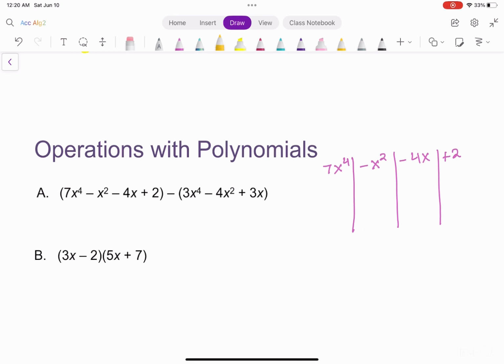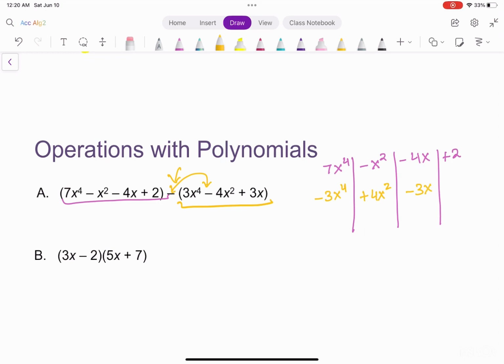So I wrote the first polynomial, the whole entire thing, on the top vertically. Now it is subtracted by 3x to the fourth minus 4x squared plus 3x. Remember, we have a negative sign because it's a subtraction. I will write that down under the first polynomial, and then we can perform the operation.